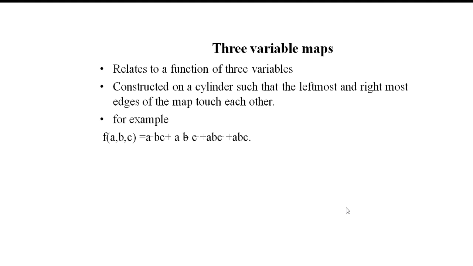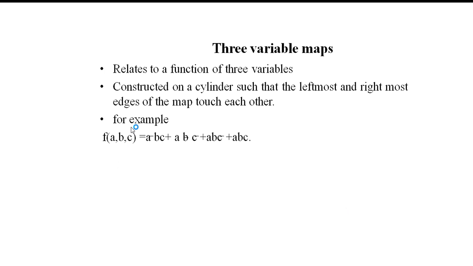Because of that, all sides of the Karnaugh map which are physically related are logically related. That means the left portion of the Karnaugh map is related with the right side. Similarly, the upper portion is related with the lower portion. These are logically adjacent as well as physically adjacent. Understood? Okay.